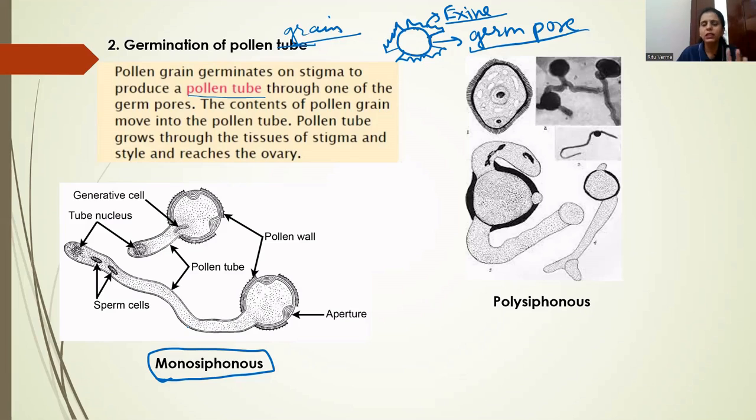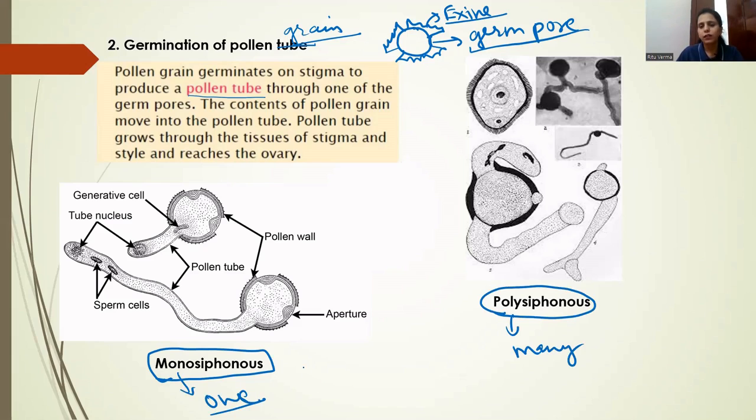Okay, but there are certain species of angiosperms in which more than two pollen tubes are formed through the germ pores, and this process is known as polysiphonous. So here poly means many, and here mono means one.